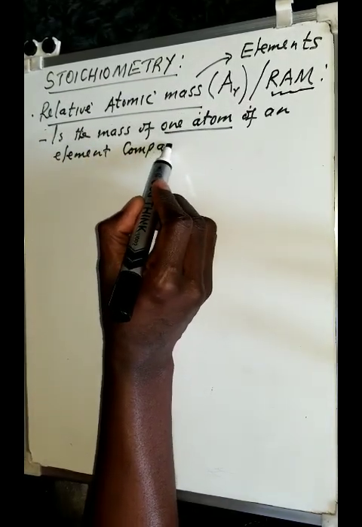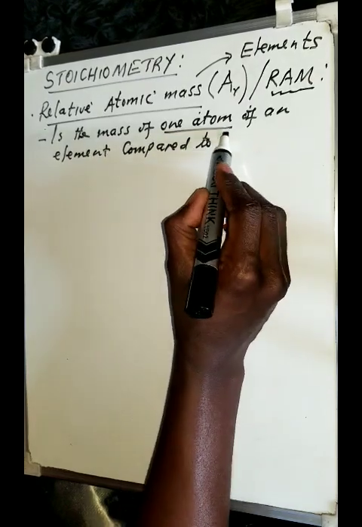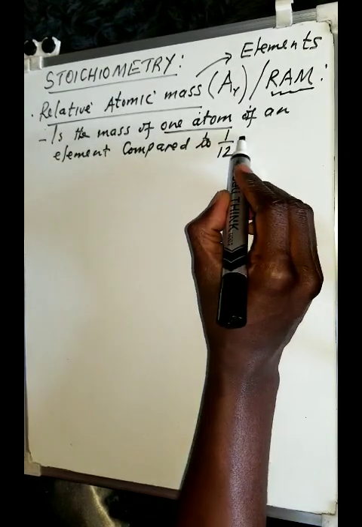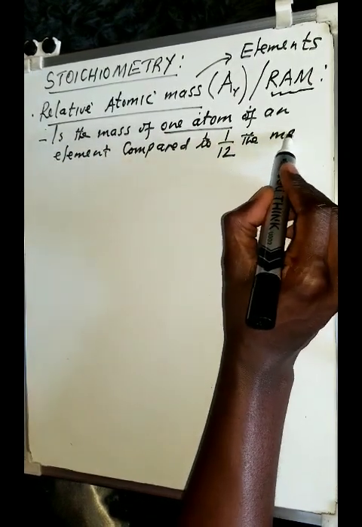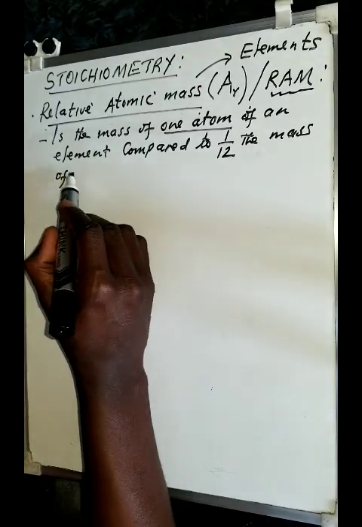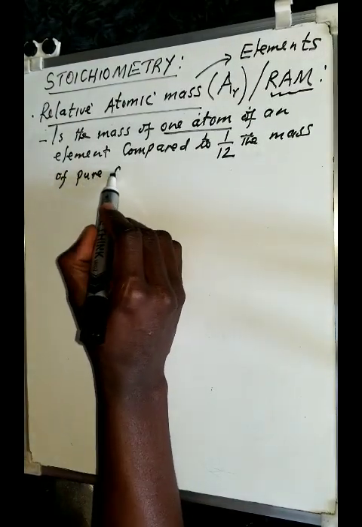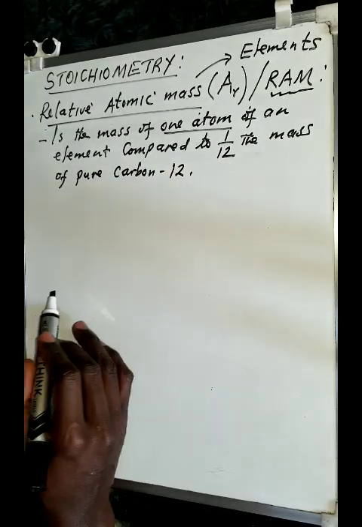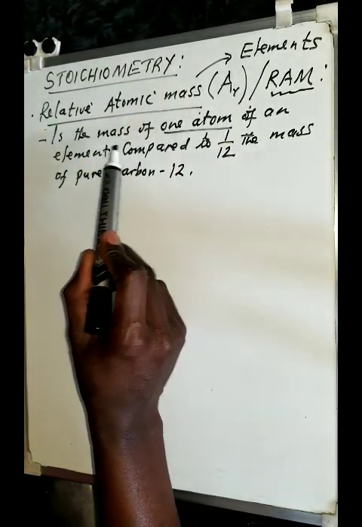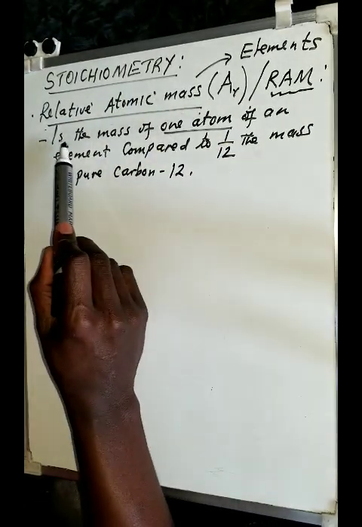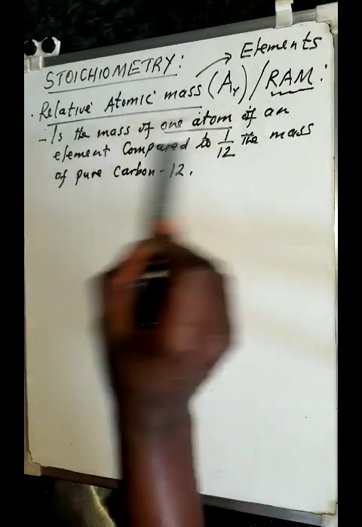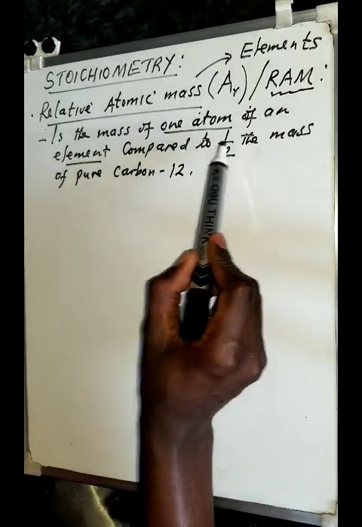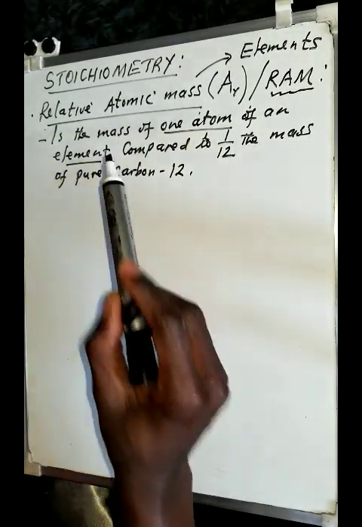compared to 1/12 the mass of pure carbon-12. So that is what we mean. So the relative atomic mass of an element is simply the mass of one atom of that element, and you compare it with 1/12 the mass of carbon-12.